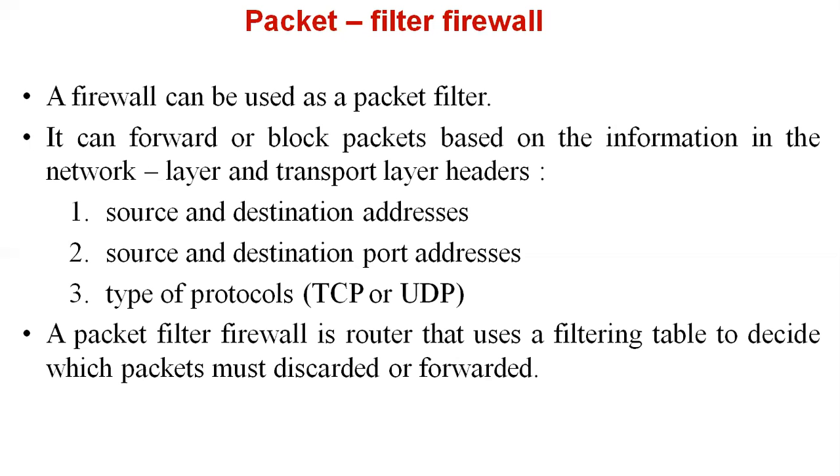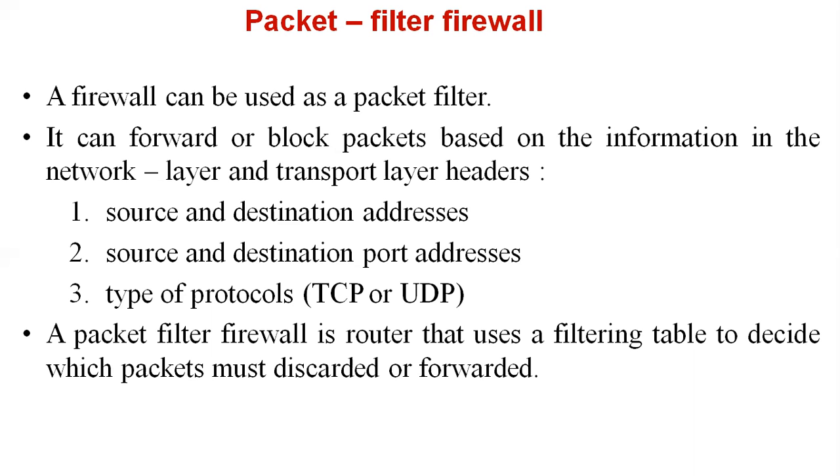It blocks or allows the packet depending upon the following categories: incoming packets from a particular source or destination address, incoming packets from a source or destination port address, and the type of protocol used by that packet, either TCP or UDP.